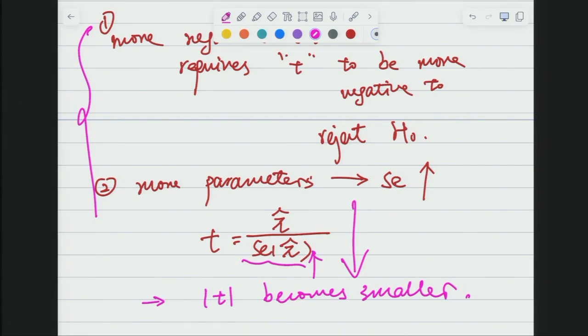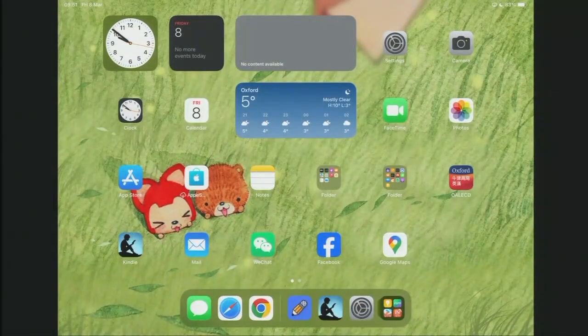And you might have noticed there's also an additional row here, which corresponds to phi 2.